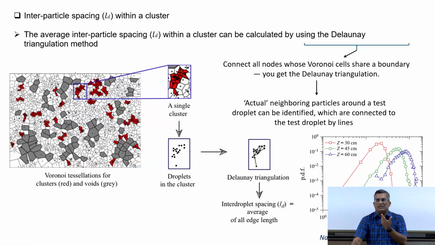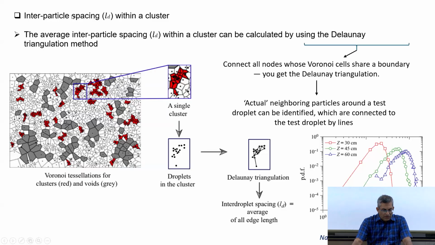We can measure the area, the length associated with them, and also the local number density within clusters, and all these parameters can be calculated in the voids as well. Apart from that, the application of Voronoi analysis facilitates calculation of many other quantities, as I will discuss now.